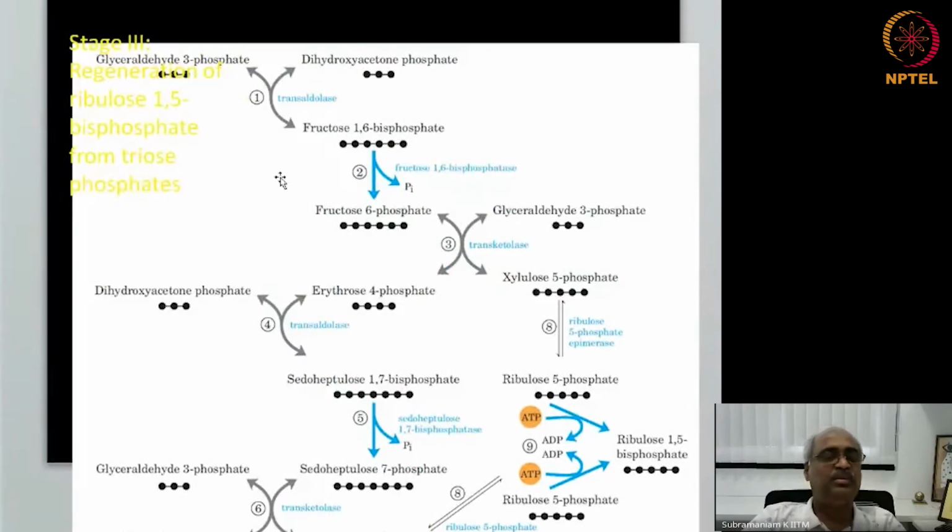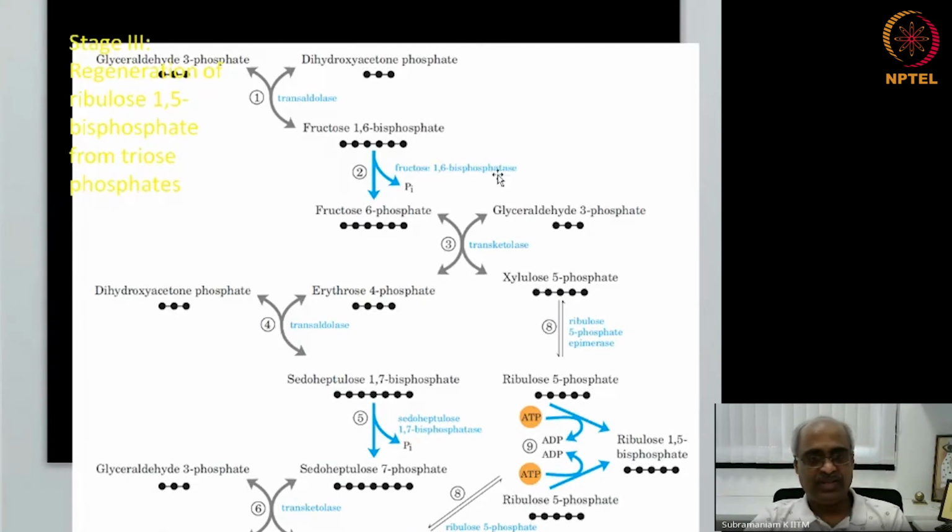So here the main enzymes are transaldolases and transketolase. The transketolase is an important enzyme whose mechanism we are going to have a look at in the next slide. Quite simple but important. So here you have glyceraldehyde 3-phosphate and dihydroxyacetone phosphate, 3 carbon, making the 6 carbon fructose bisphosphate.